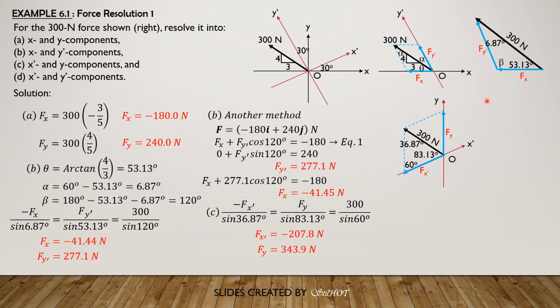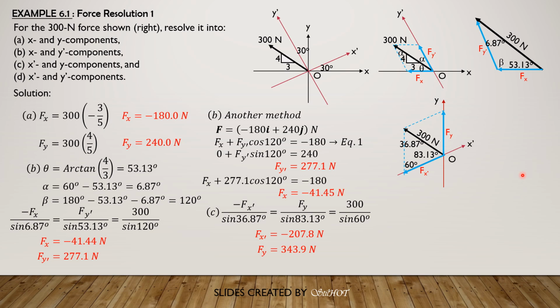Then finally, with respect to the x prime and y prime components, parallel to x prime and parallel to y prime, and because x prime and y prime are perpendicular to each other, this supposed parallelogram reduces to a rectangle, and considering only half, this is a right triangle.